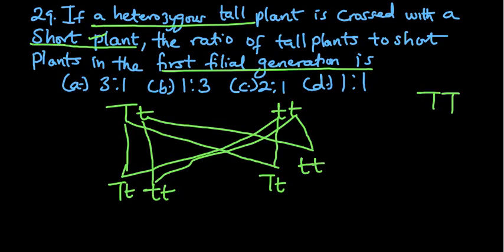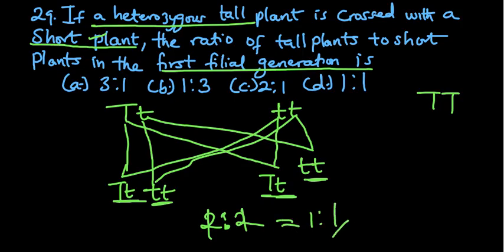If you look at this, how many tall do we have? We are considering the phenotypic ratio. We have 2 tall and 2 short. So 2 cancels 2, and our answer is 1:1. So our answer is option D.